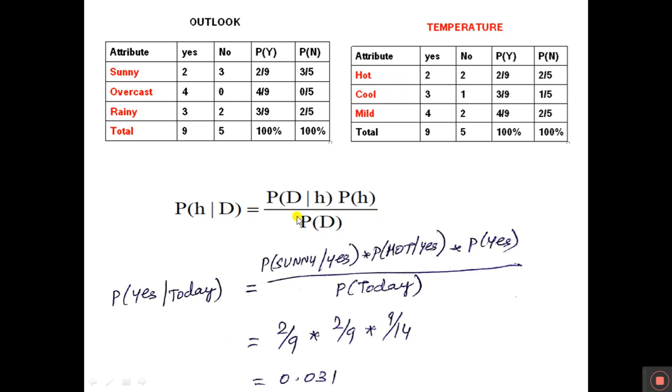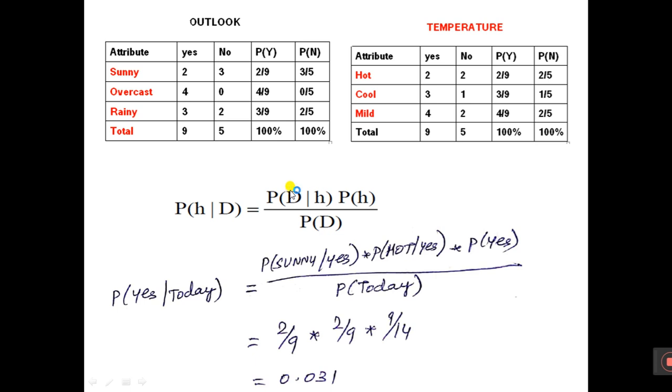So according to the Bayes theorem, if I apply here, probability of hypothesis in the given D equal to probability of data in given H multiplied with probability of hypothesis divided by probability of data.